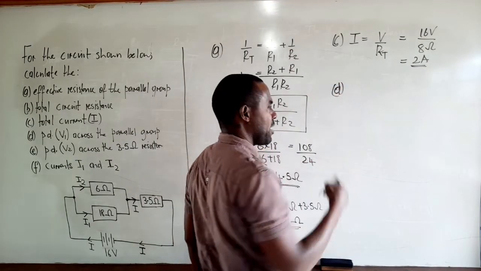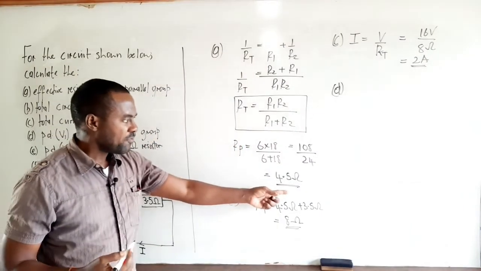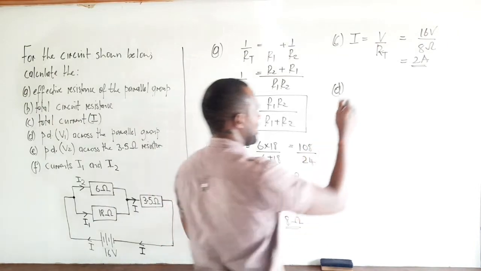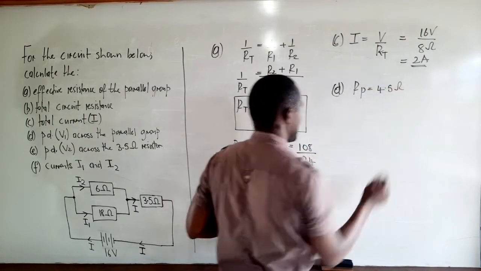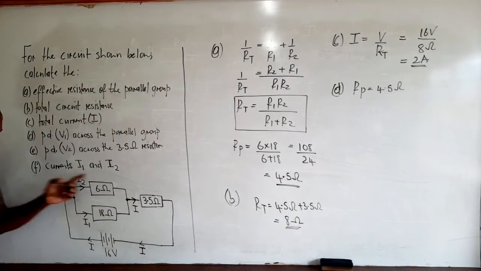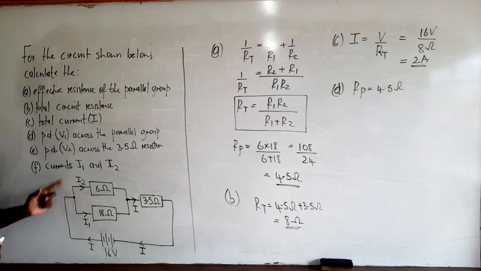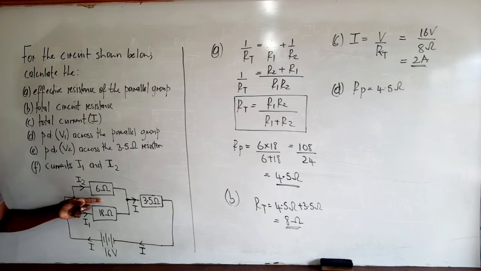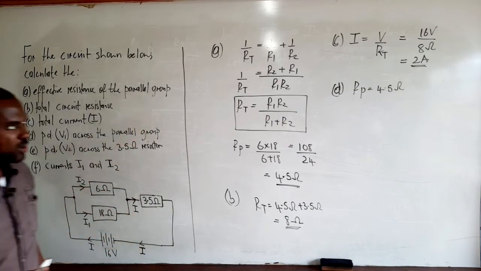Now, for the parallel group, we know that the total effective resistance is 4.5 ohms. So we say RP is equal to 4.5 ohms. And for this parallel group, the total current I flows through the entire combination, right? So what we're seeing is the two individual currents I1 and I2. But the total current flowing through this combination of resistors is the total current I, which of course is 2 amperes.